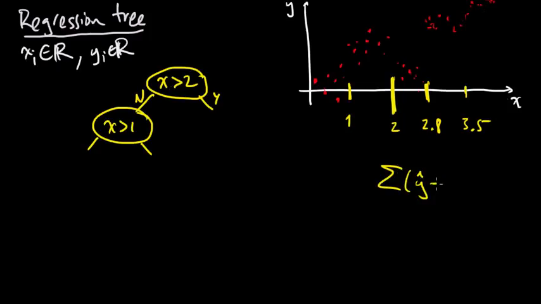We're going to choose a y hat for this region that minimizes this. Let me call this region R1, and I is all the indices of the points that lie in this region.